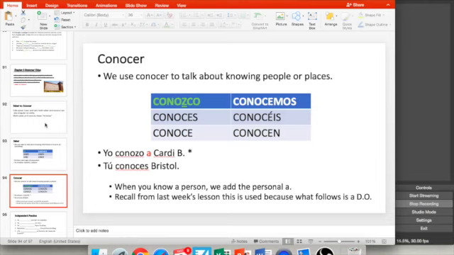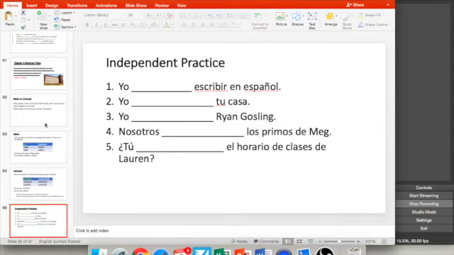In this case, I've said yo conozco a Cardi B. Notice from earlier, when what follows your verb is a person, you need a personal a after your verb. So yo conozco a Cardi B. Okay? So one more time. We use saber to talk about knowing information or how to do something. We use conocer to talk about knowing people or places.